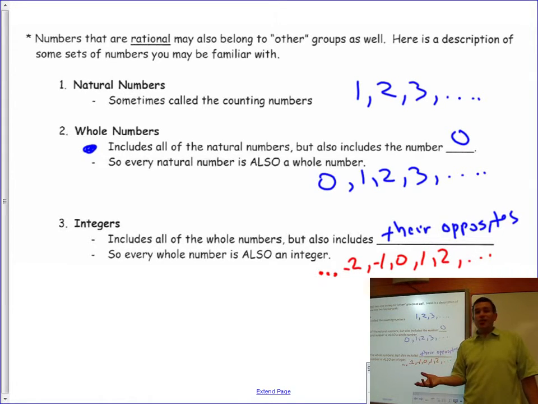And since it's a terminating decimal, it's also a rational number. Remember, every number is either rational or irrational. And numbers that are rational might also belong to some of these groups. And that is going to be most of your job on the homework, is can you determine all of the groups that different numbers belong to?